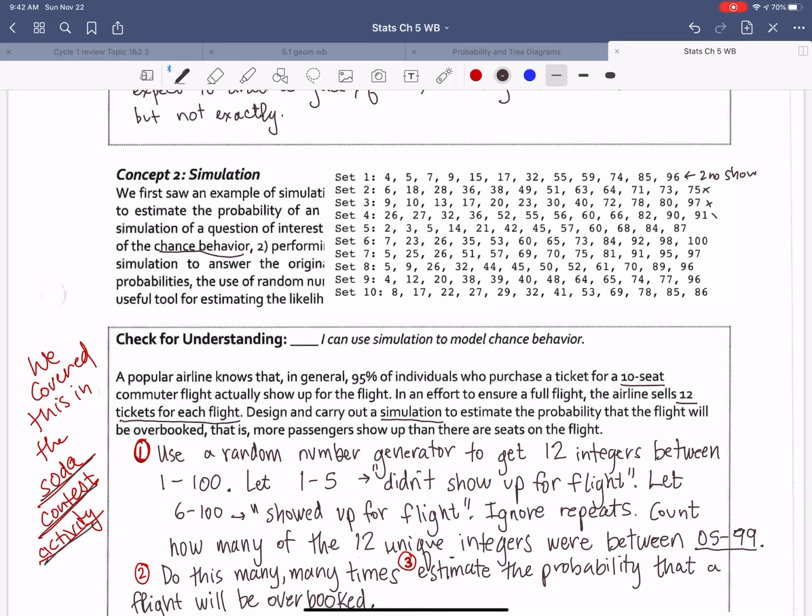Everybody showed up, everybody showed up. Ooh, 3 no-shows. Everybody showed up. 1 no-show. 1 no-show. 1 no-show. And everybody showed up. Wow. Okay, so that's a lot of variation in data.